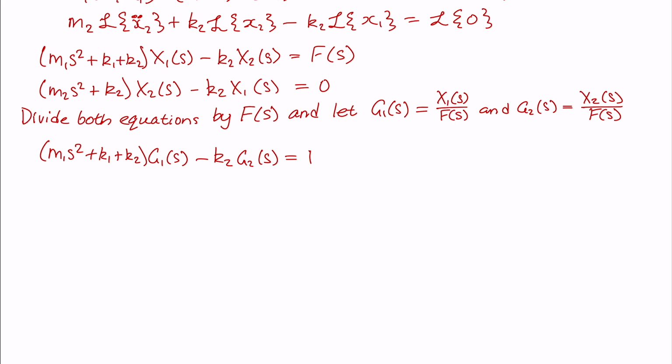Then our second equation, we're going to have here m2 s squared plus k2 times g2 of s minus k2 times g1 of s, and that's equal to 0.